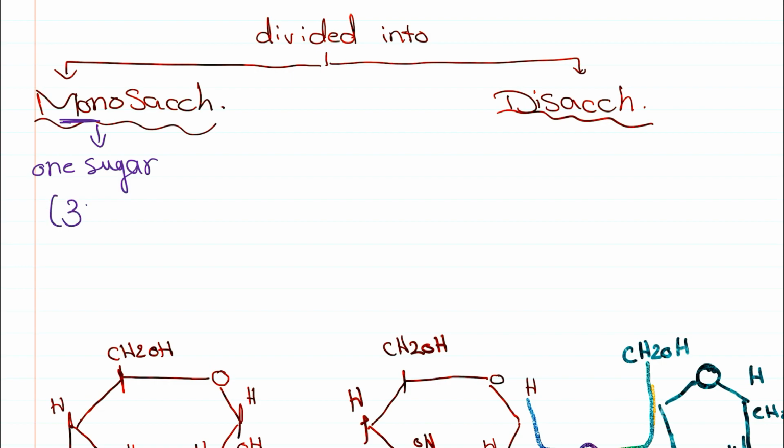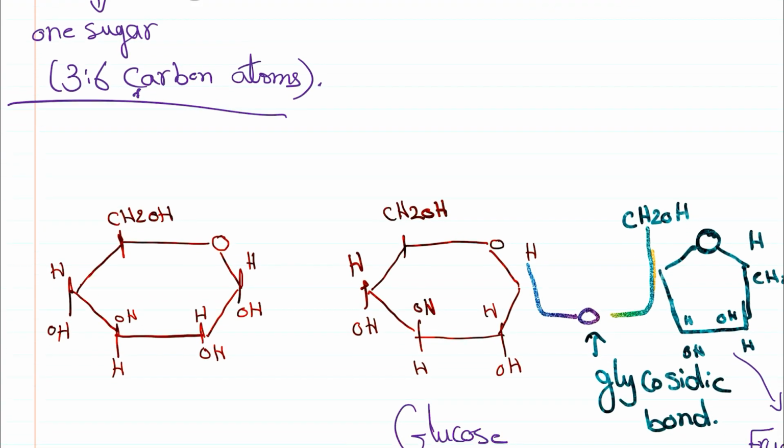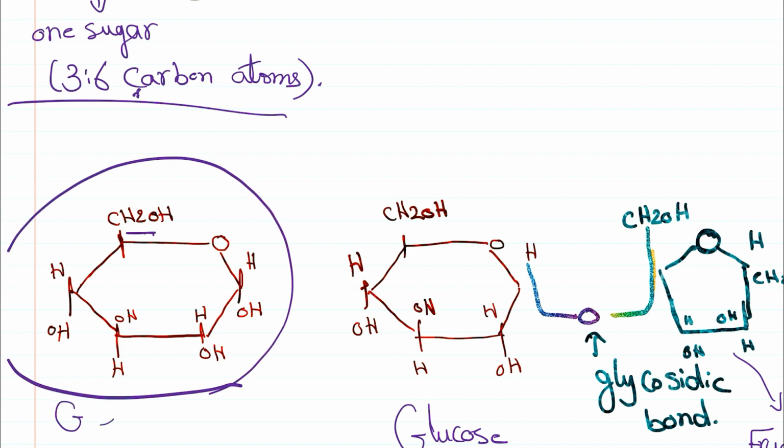They have from 3 to 6 carbon atoms, and these carbon atoms connect together with hydrogen and oxygen. As you see, this is glucose. These points are carbon atoms, and each carbon atom is attached to hydrogen and oxygen to form the cyclic form of glucose.